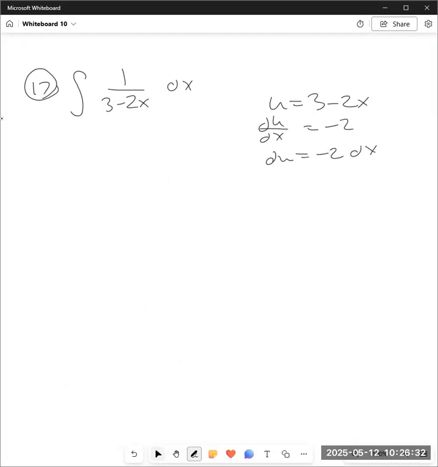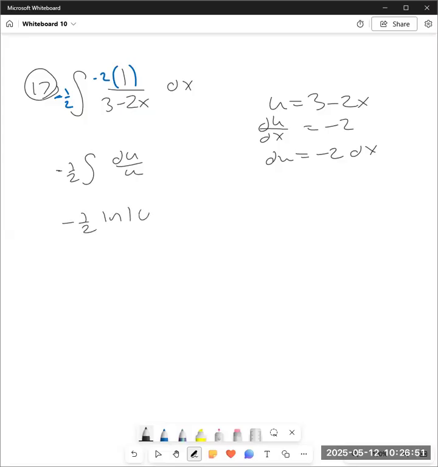Going to multiply by negative 2 in the top, negative 1/2 on the outside. Gives me negative 1/2 times the integral of du over u. Negative 1/2 ln of the absolute value of u plus c. Negative 1/2 ln of the absolute value of 3 minus 2x plus c.